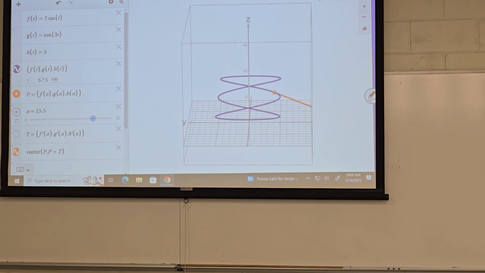And now slide A around, and you can see that you get a tangent vector at all those points. Oh, I see. Just spin it a bit. I see. Yeah.